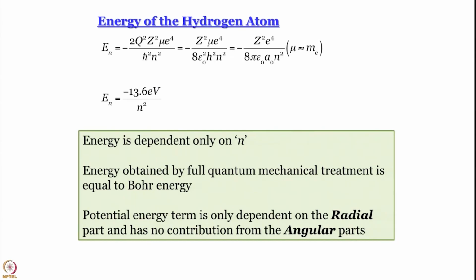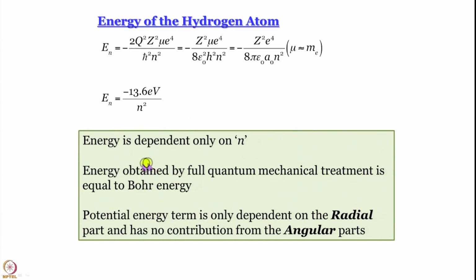Why is that so? Because the Rydberg constant essentially comes from the difference in energies of energy levels. So, that 1 by n square is there everywhere. So, interestingly we get the same value of energy as that of Bohr theory. But maybe it is not such a big surprise because you knew that Bohr theory does give the right value of energy anyway. But let us not put too much weightage to that. Let us move ahead.